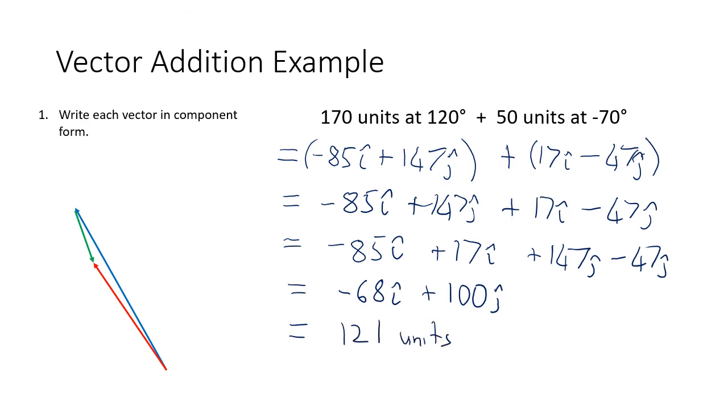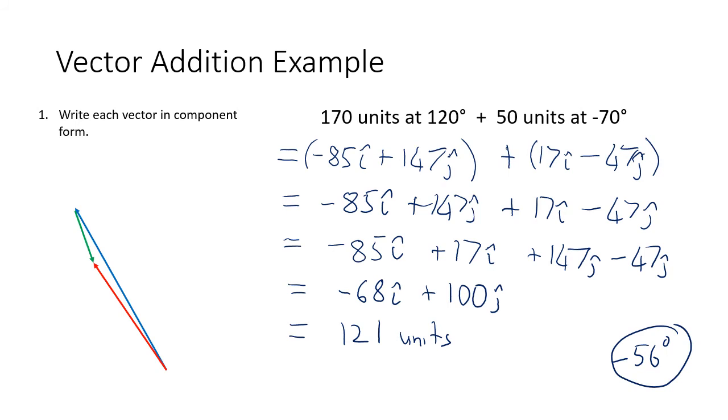And to get the direction, we are going to take the inverse tangent of the y component over the x component. So the inverse tangent of 100 over negative 68. And when you do that, your calculator gives you an answer of minus 56 degrees.